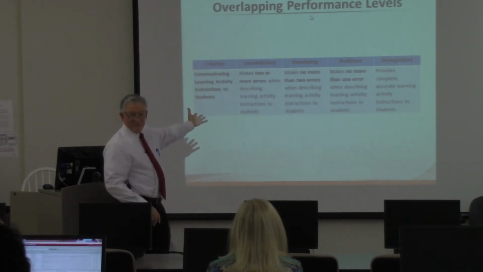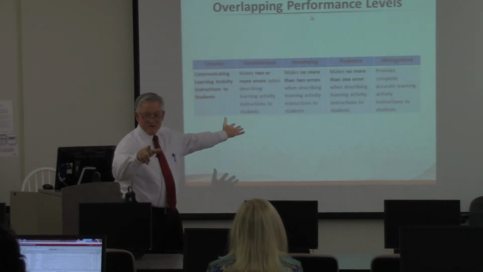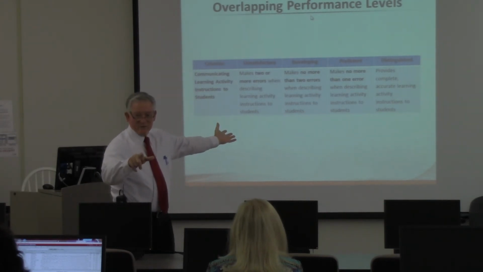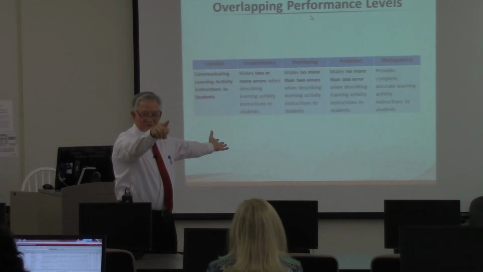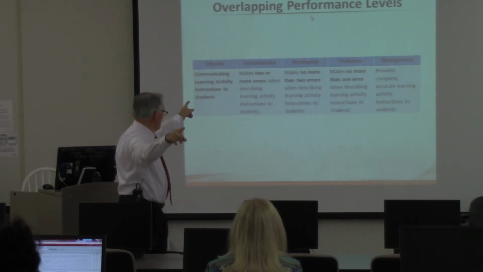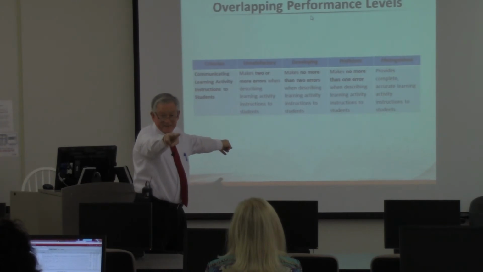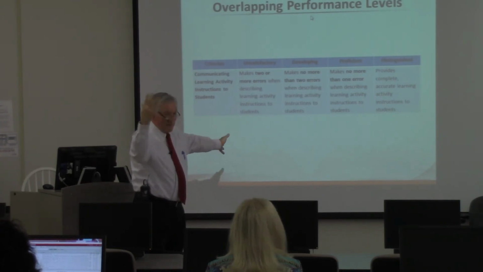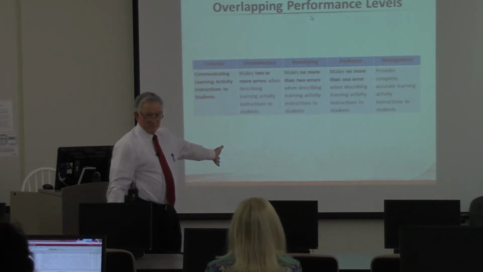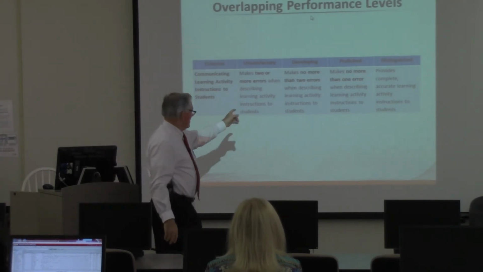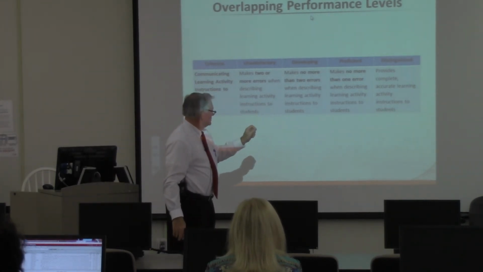Right? So what does that lead to? What's that going to do to inter-rater reliability? Because if Valerie gives it a 1 and Janet gives it a 2, they're both right, but inter-rater reliability is destroyed with subjectivity. Makes no more than 1 error.